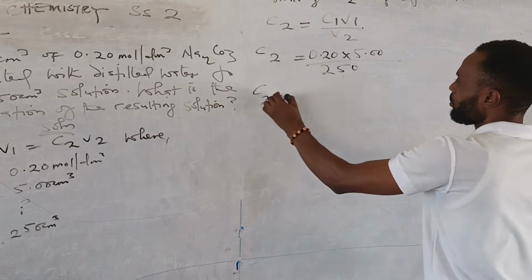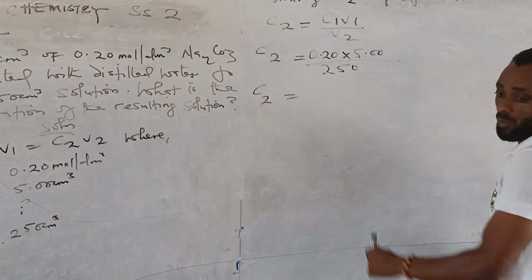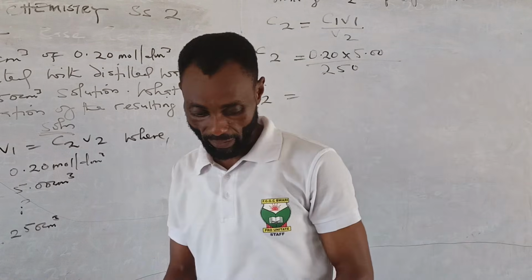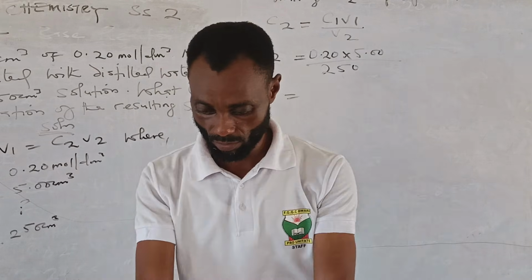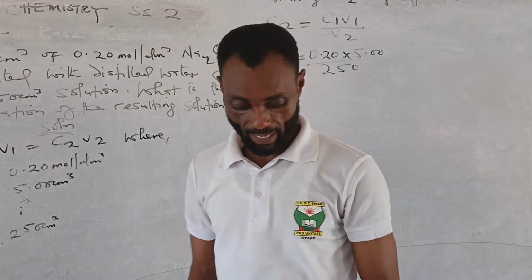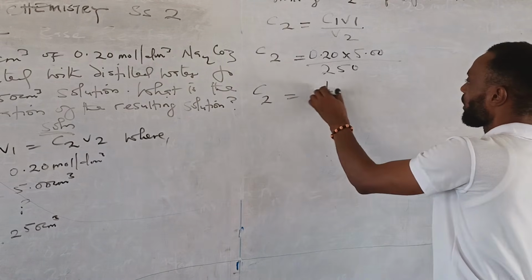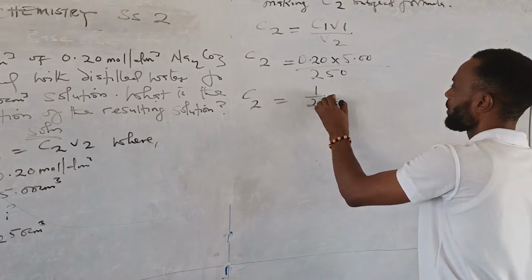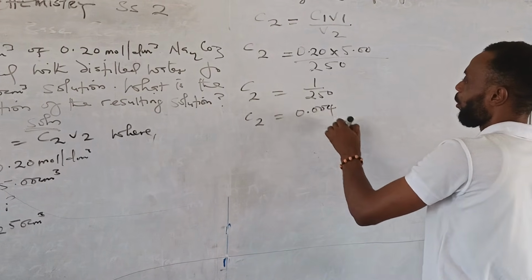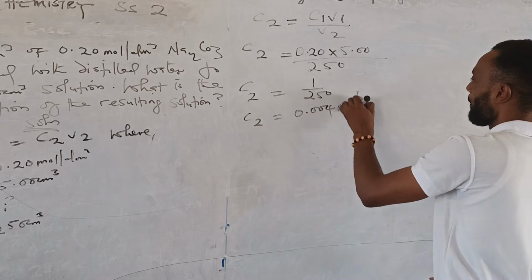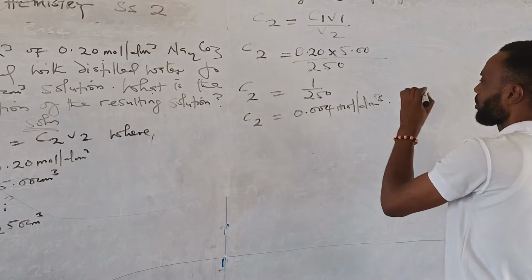When you simplify this in your calculator, first of all, you have 1 over 250. That will give us C2 equals 0.004 mole per dm cube.